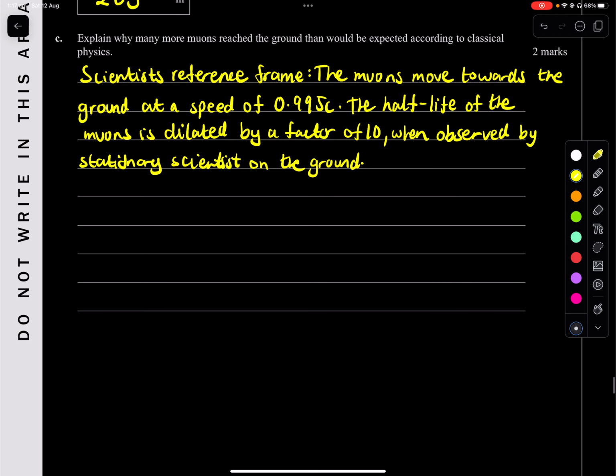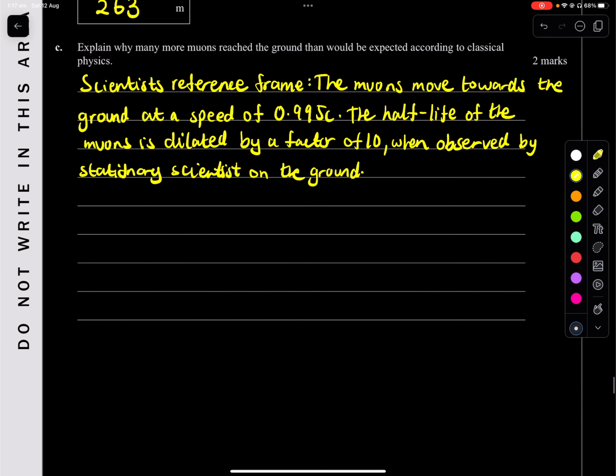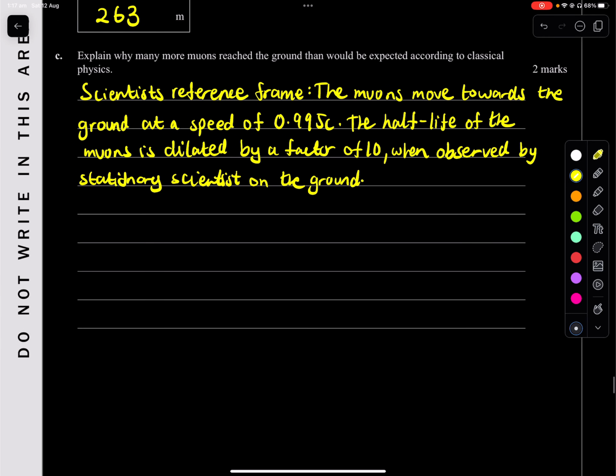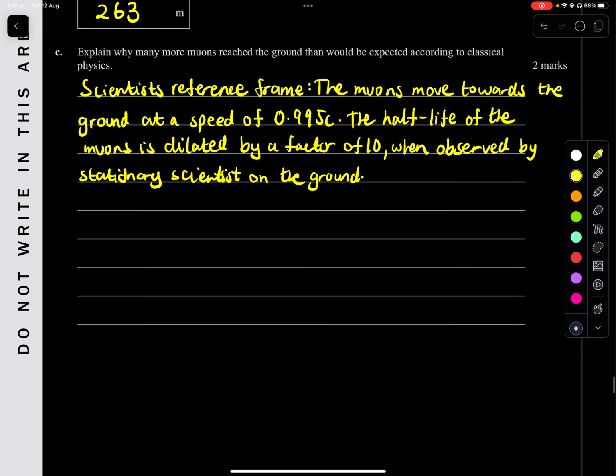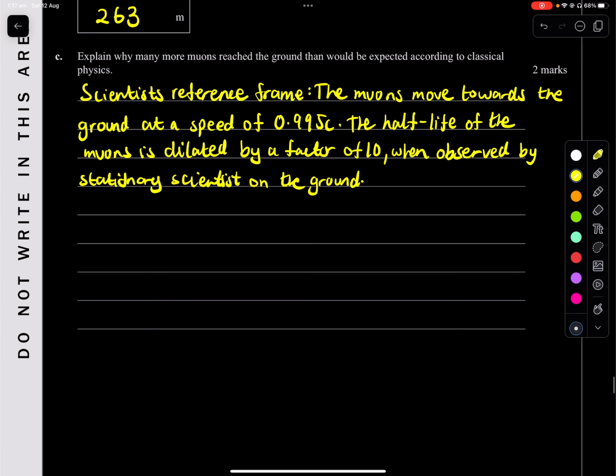Okay, that is that. And what else do we want to say? Faster than what you observed in stationary. That's why many muons reach the ground.